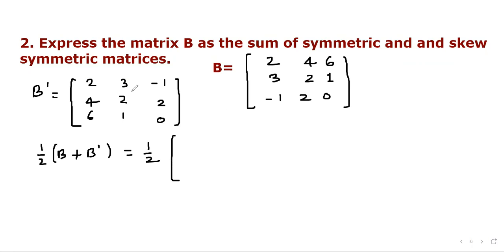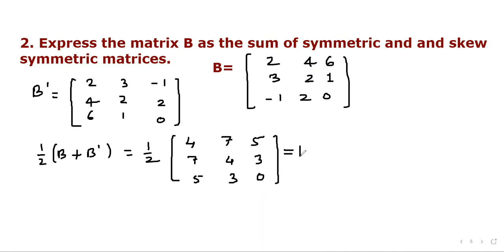So it will be 2 plus 2, that is 4, and 3 plus 4 is 7, and this will become minus 1 plus 6 is 5, then this is 7, then 2 plus 2 is 4, and this will become 2 plus 1 is 3, then 6 minus 1 is 5, then 1 plus 2 is 3, and this is 0. Clearly, it is a symmetric matrix.